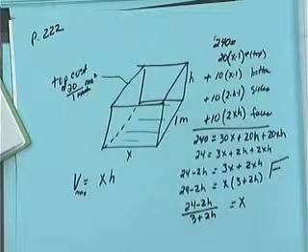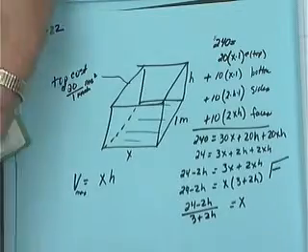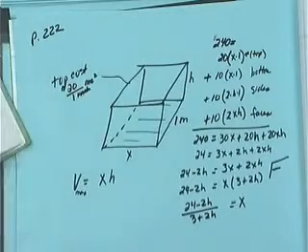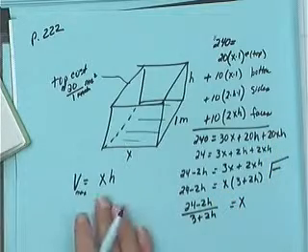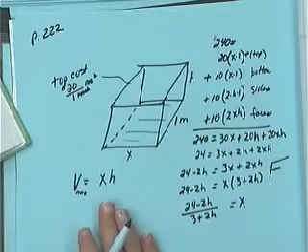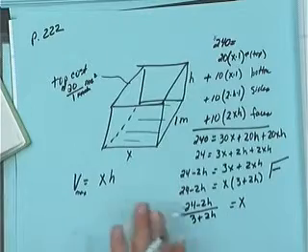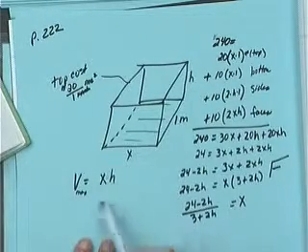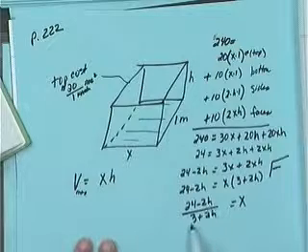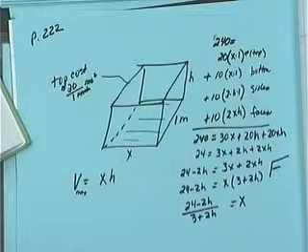Okay? All right, we haven't done anything hard yet, right? That's all algebra right there. And the formula for volume of a box, we're still geometry kind of deal. All right, now we're going to replace x over here with 24 minus 2h over 3 plus 2h.